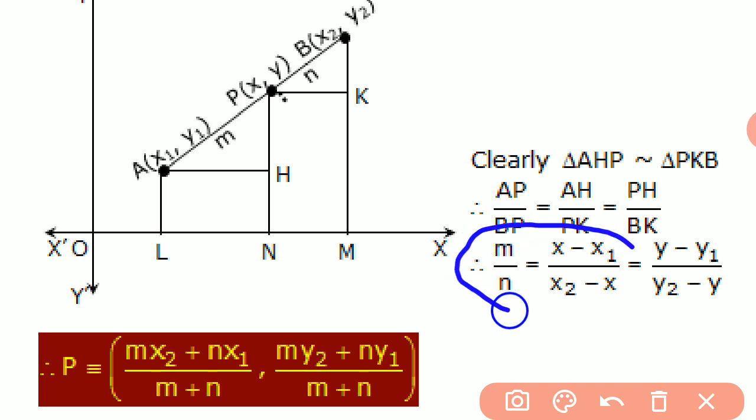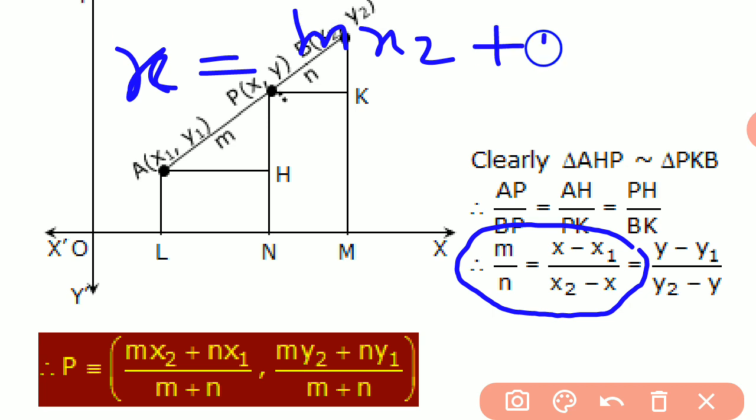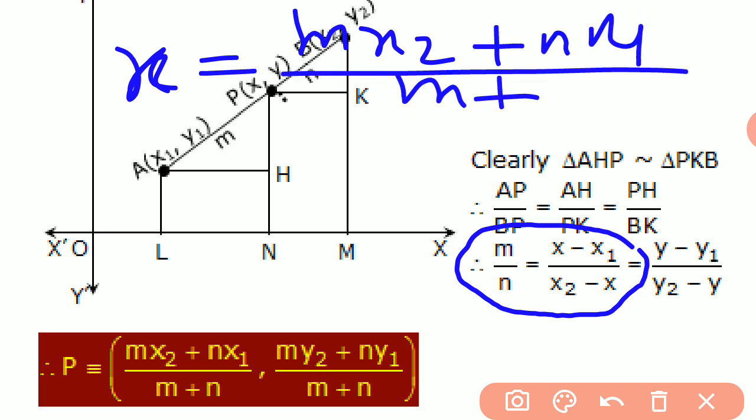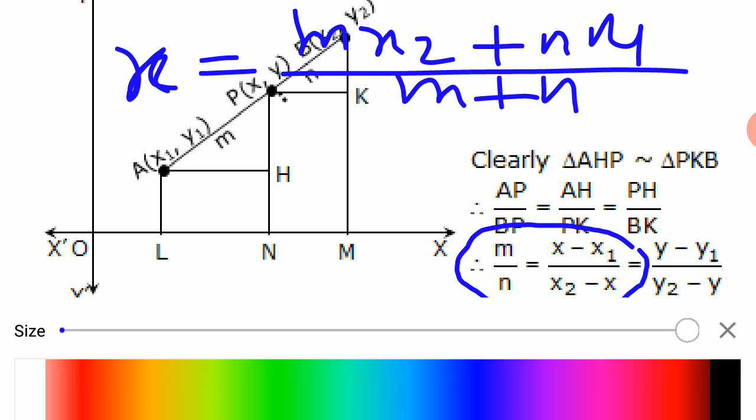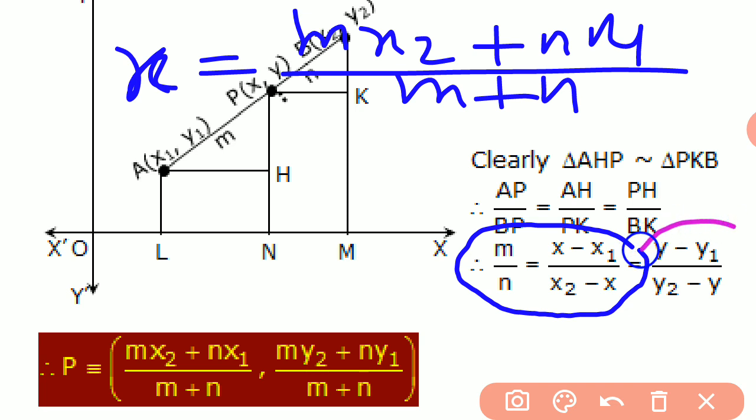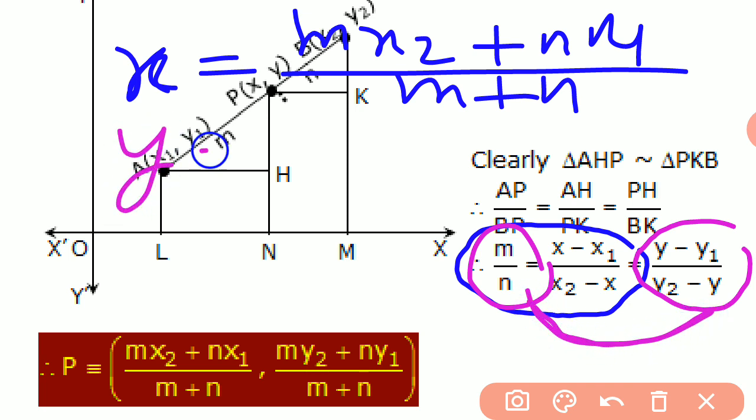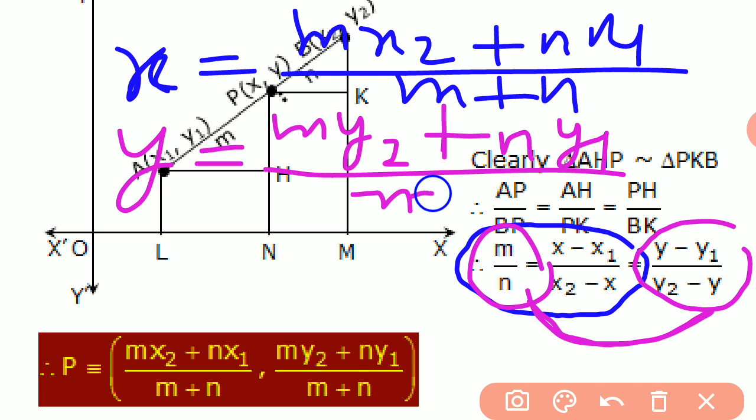When we take these two terms and simplify, after cross multiplication we will get x equals (mx2 plus nx1) upon (m plus n), and when we take the first term and third term, these two terms, then we will get y equals (my2 plus ny1) upon (m plus n).